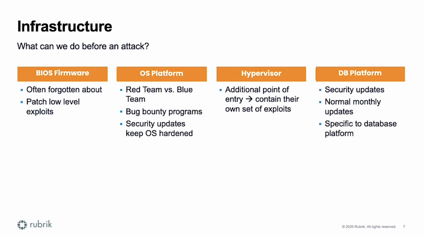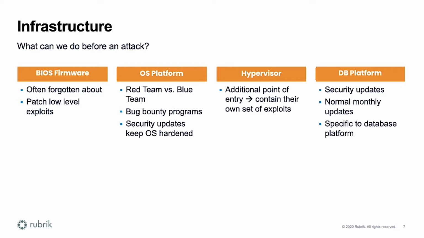The operating system itself is another crucial area that we need to make sure is fully patched. Vendors like Microsoft are constantly doing red team, blue team exercises, where you have a red team trying to do penetration and trying to break the operating system, and the blue team doing defense, and making sure that any hole or exploit that is found is then quickly documented, understood, and then closed before it can be used out in the real world.